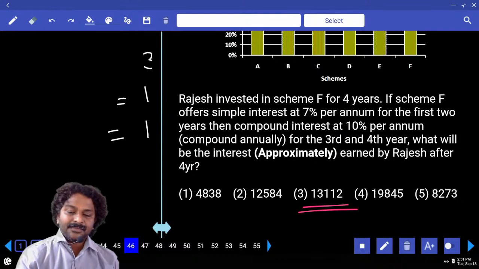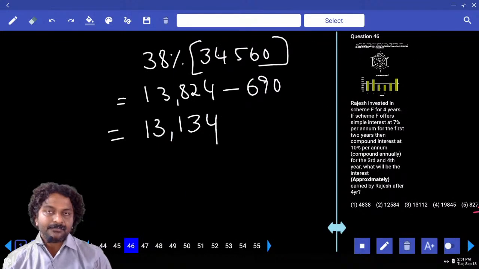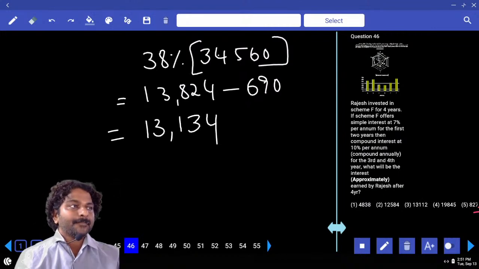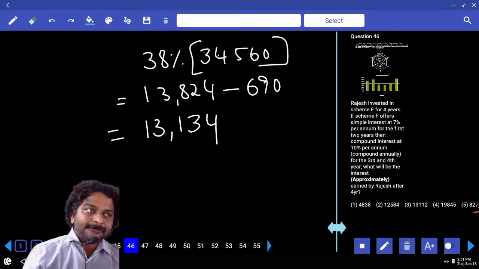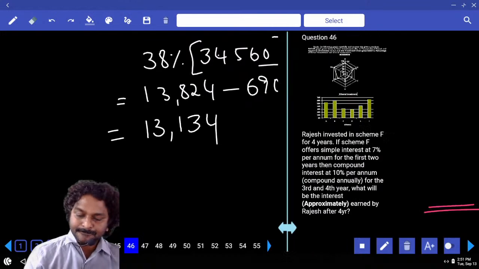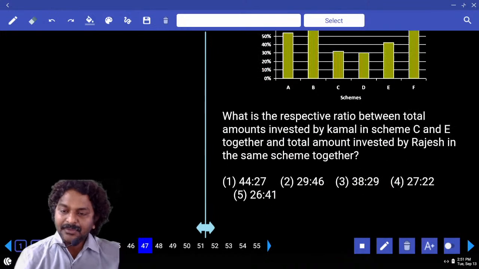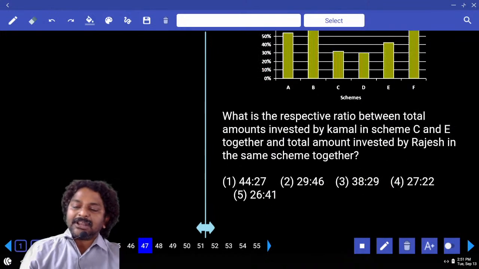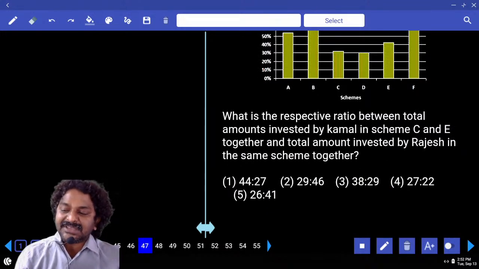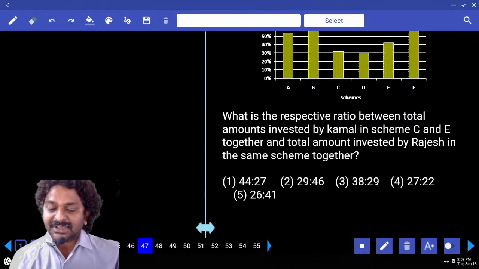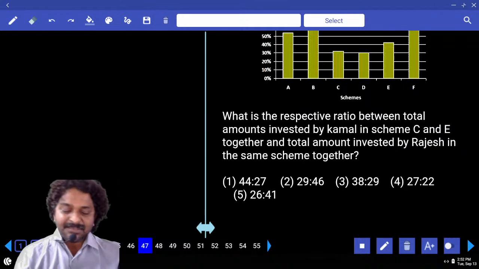Third option. Clear? Right, next. What is the ratio between the total amounts invested by Kamal in schemes C and E together and the total amount invested by Rajesh in the same schemes together?